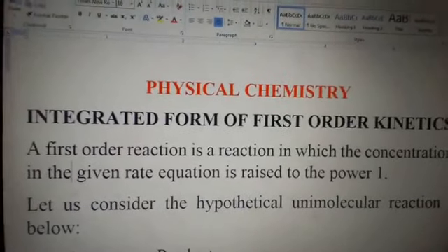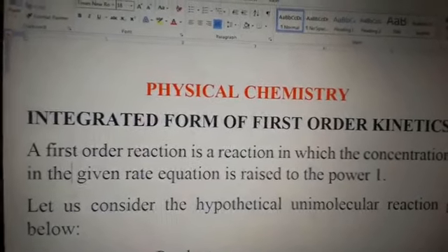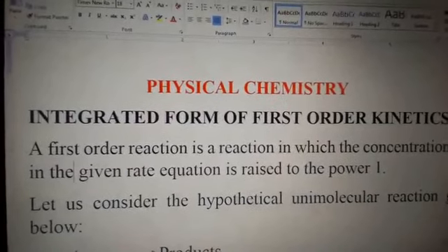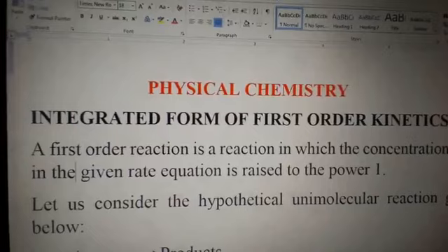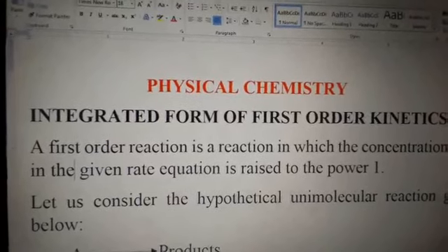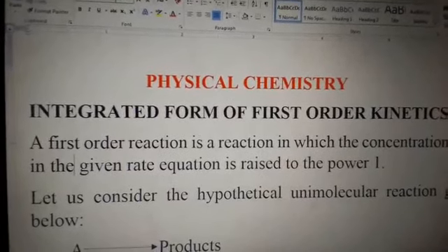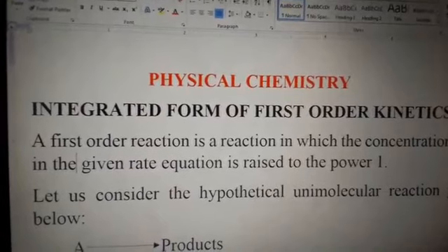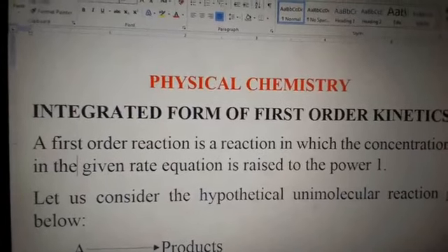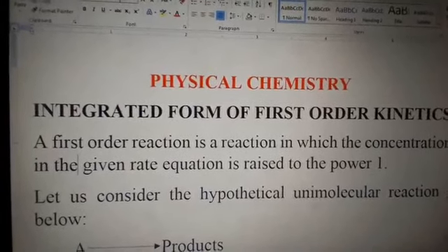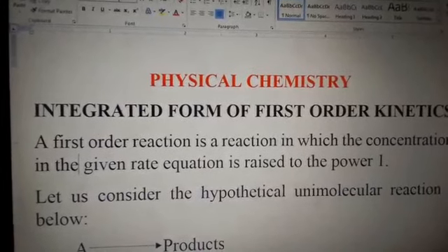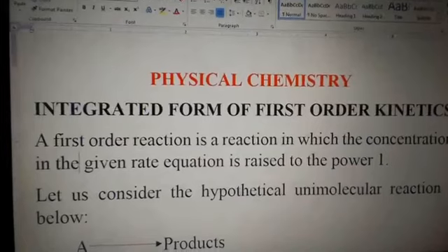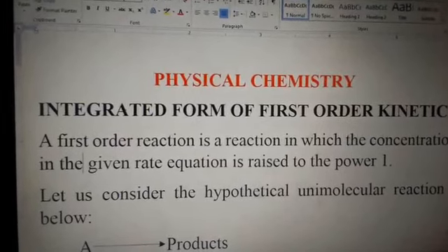So this lecture is meant for those in second year in higher institutions offering science or chemistry or related courses, biochemistry, microbiology, and also for those who are offering their postgraduate studies or the MSc courses in chemistry or biochemistry.